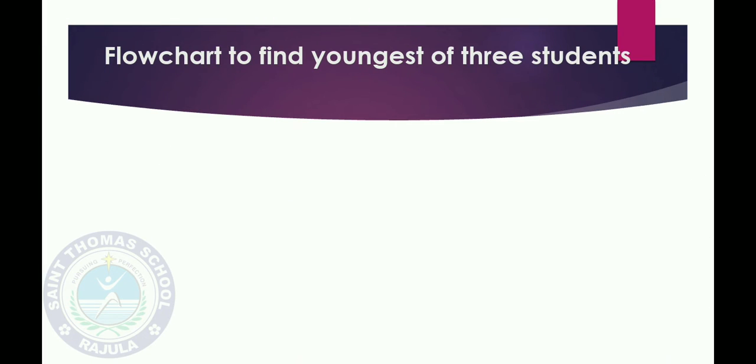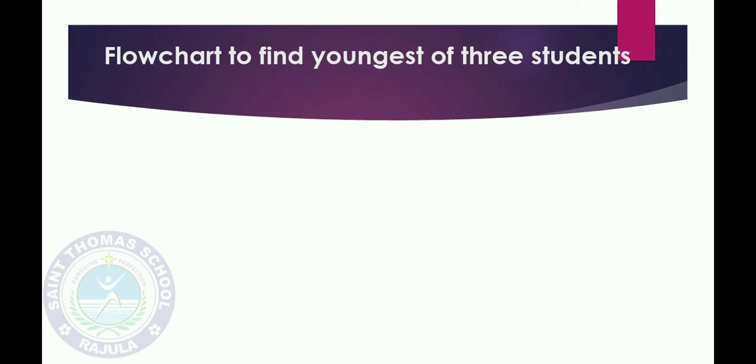Now here the same question is there: find the youngest student, but now among three students. Some aspects are the same, but a little change is there in the flow chart, because now you have to do the comparison with three students.